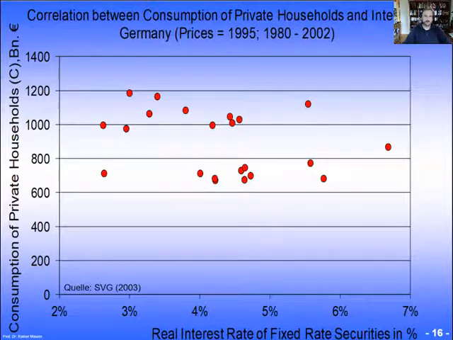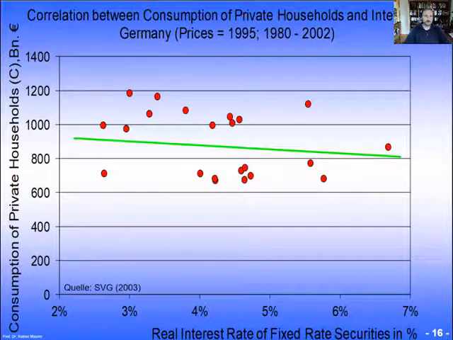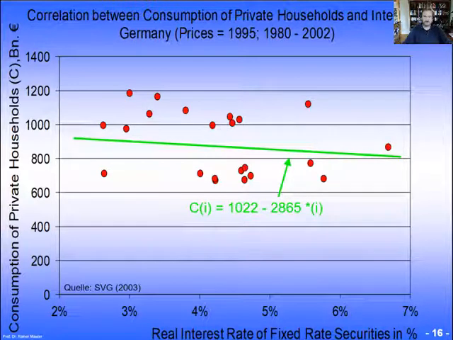As this diagram shows, the correlation between the interest rate, measured now on the x-axis, and household consumption, measured again on the y-axis, is much weaker. A linear regression shows that there is indeed a negative correlation between the interest rate and household consumption. However, the deviation of the single observation points from this green line is much larger, which indicates that the correlation is much weaker.